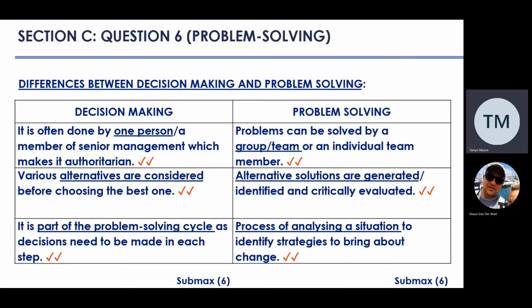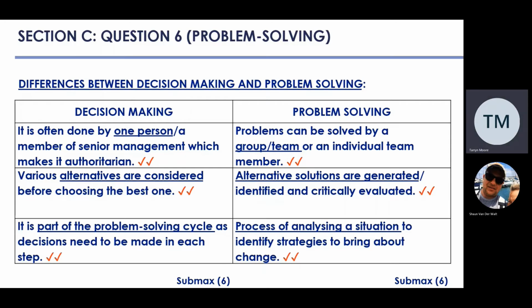It is decision making. It is part of the problem solving cycle as decisions need to be made in each step. So I cannot make the decision and then go to problem solving. Problem solving, we have a problem, we've identified that problem because we've analyzed the situation and we have identified various strategies that could bring about change.